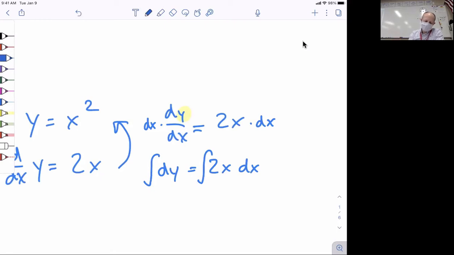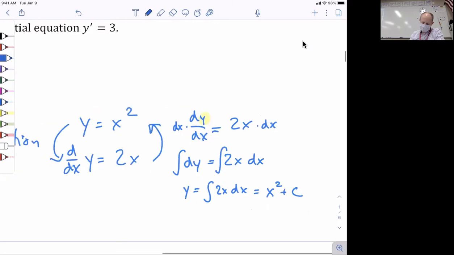Okay. On a side note, it's much like a square root symbol undoing an x squared, right? And so that's kind of what we're thinking about here. So that integral symbol undoes it, and then you're left with y equals integral of 2x dx. Okay, and as we just said before, this is x squared plus c. All right.